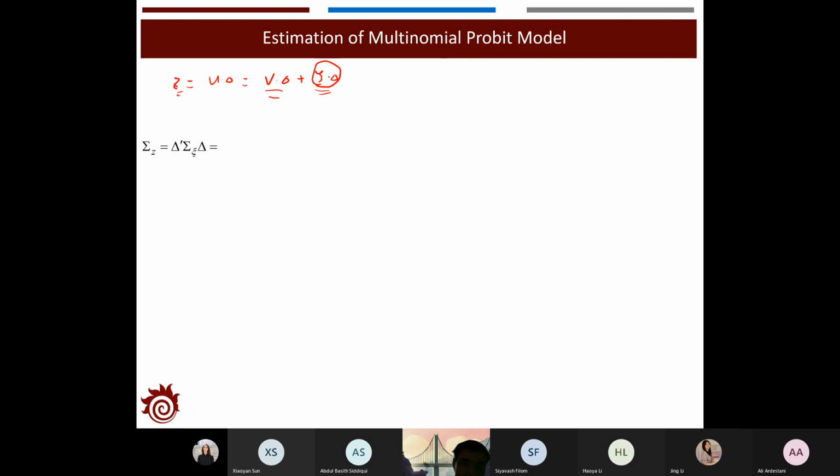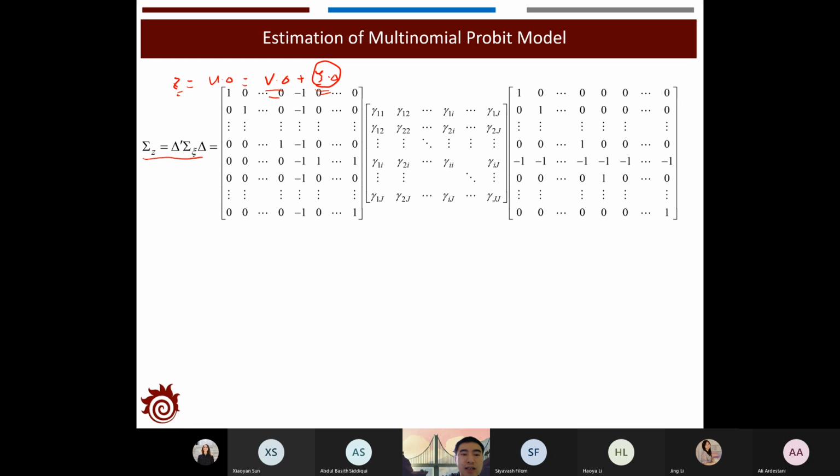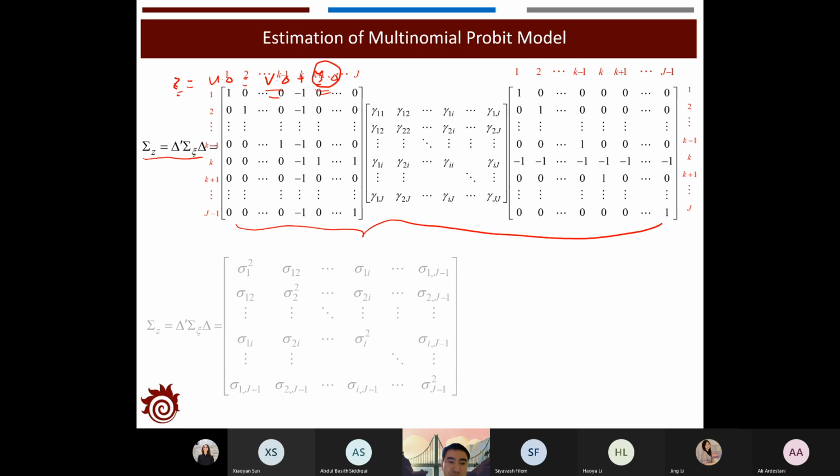If we know the transformation matrix and the original covariance matrix, you can easily find out the covariance matrix of Z as delta prime times sigma epsilon times delta. So that is the entire format for the covariance matrix of Z, and it is a J minus 1 by J minus 1 matrix.